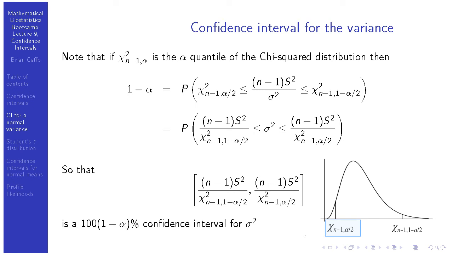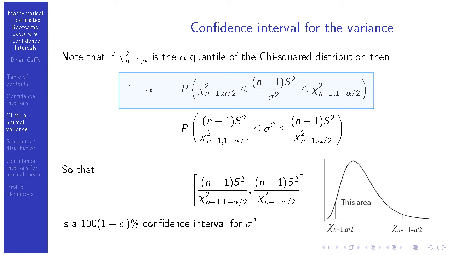Take alpha to be 0.05, for example, the 2.5th percentile and the 97.5th percentile from the chi-squared distribution, and look at the probability that the chi-squared random variable n-1 S squared over sigma squared is between those two quantiles. That has to be 1 minus alpha, just by the definition of those being the 2.5th and 97.5th quantiles of the chi-squared distribution. So this equality holds: 1 minus alpha equals this probability.